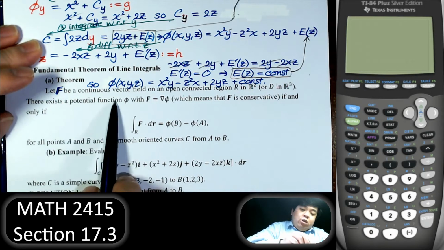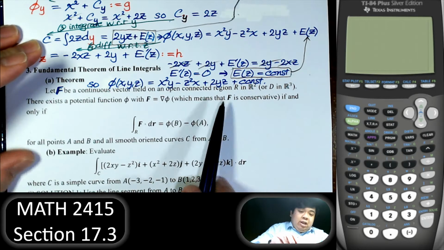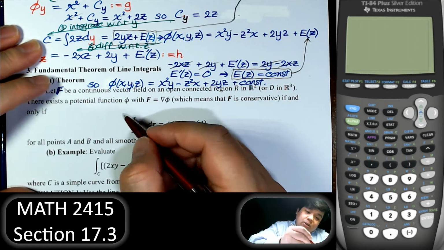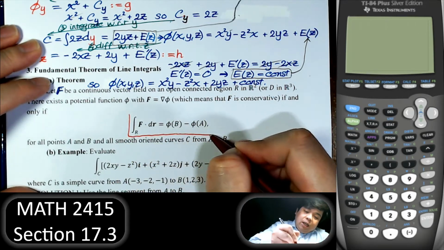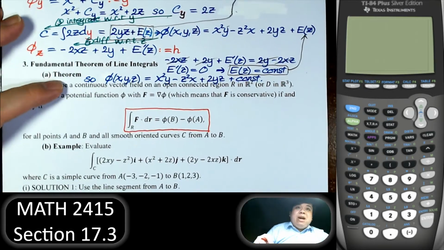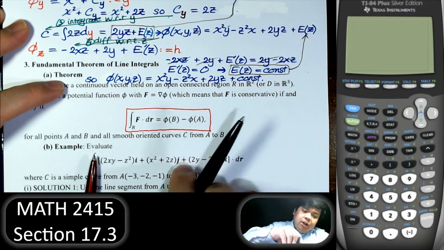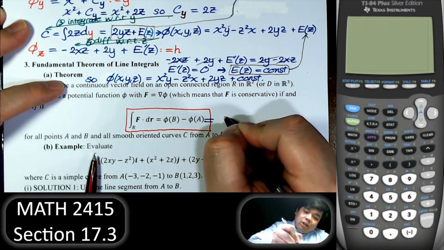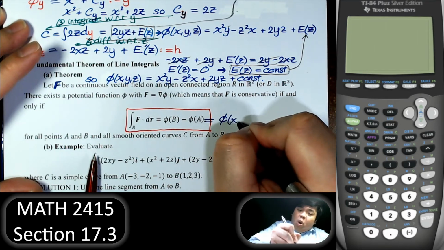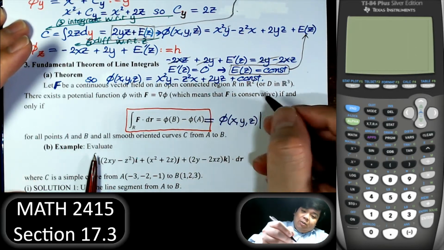If there exists a potential function, which means vector field f is conservative, if and only if the line integral equals that. So this is like the fundamental theorem of calculus, but it is for line integrals. Of course, when we write like this, we can also write it as a function, could be x, y, z, evaluated at a and b.